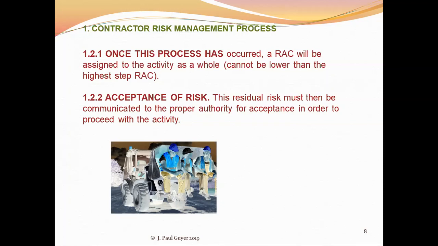You make a judgment using your professional judgment as to what the combined risk of those two aspects of that hazard are, and come up with a risk assessment code. That's the way this process is set up.